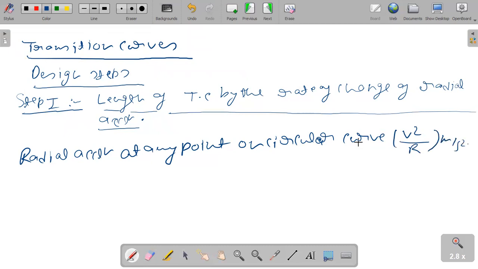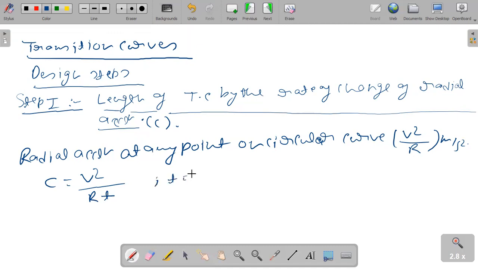And the rate of change of radial acceleration is denoted by c. So we have a formula: c is equal to v square by r t.